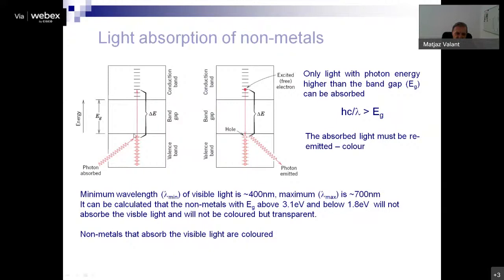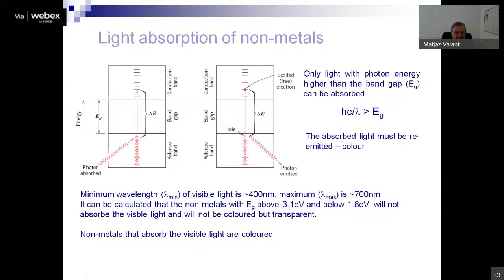It cannot absorb photons whose energy is lower than the energy of the band gap, because in that case the electron would have to go to some intermediate state which is forbidden, which is not there. So it just cannot go there. So non-metals can absorb only photons whose energy is equal to or higher than the energy of the band gap. We can describe this with this expression here.